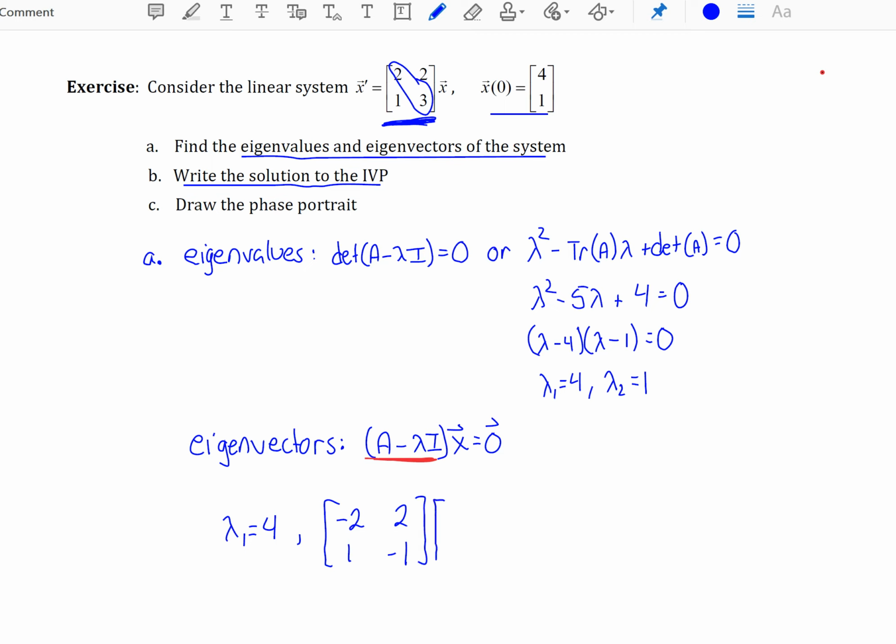We're looking for a non-trivial vector x, which has two components, that'll give us back the 0 vector. And again, recall, our original matrix was non-singular. The determinant was non-zero. It was 4. But this eigenvalue of 4 that we're subtracting forces this matrix to be singular. This must be singular.